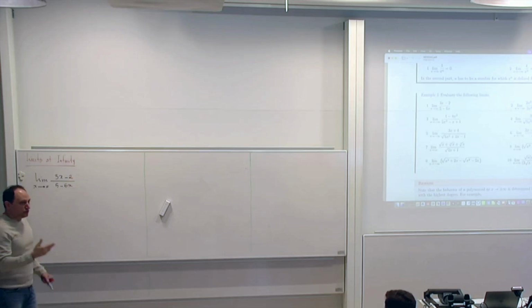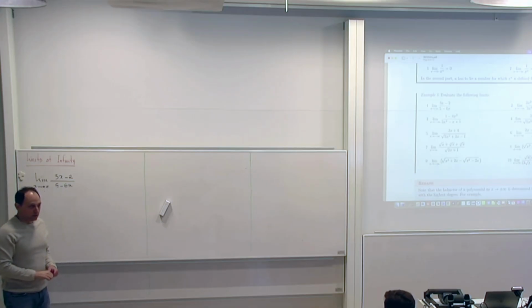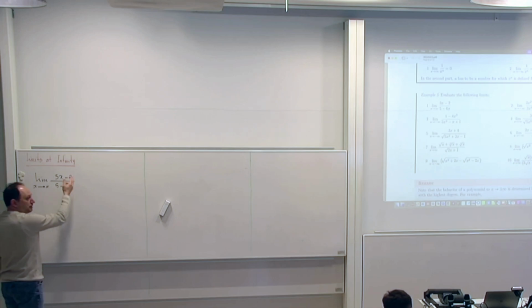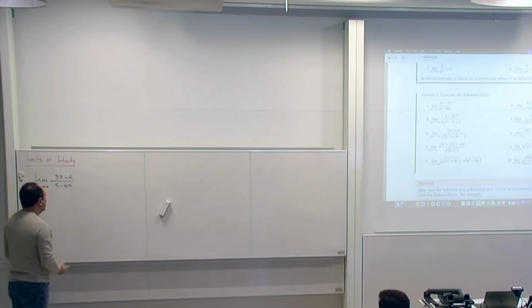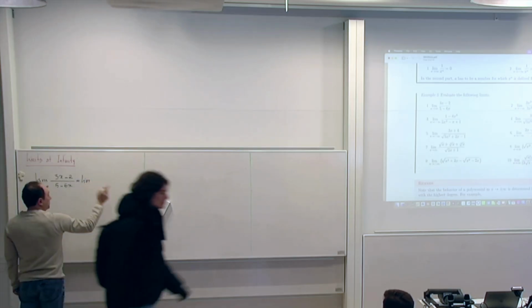I want you to know that is also another form of indeterminacy. Okay? So depending on the behavior of the functions, if you have infinity over infinity, the answers might be different. So in order to solve this problem, I want you to learn these techniques. If x goes to infinity and you want to solve it, the best way is to use the theorem I just mentioned.